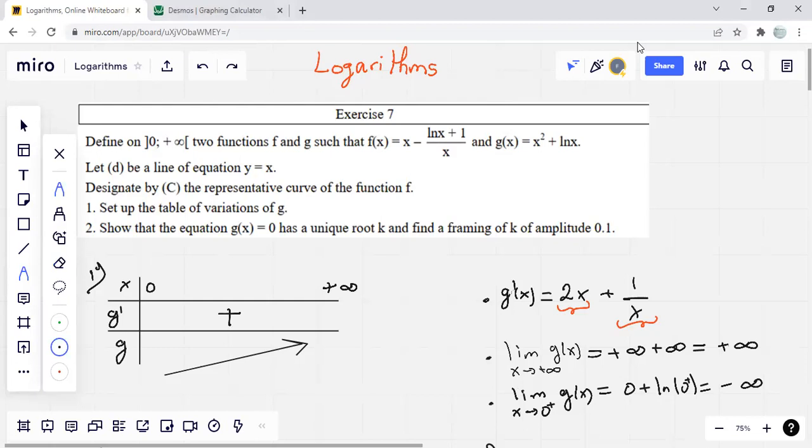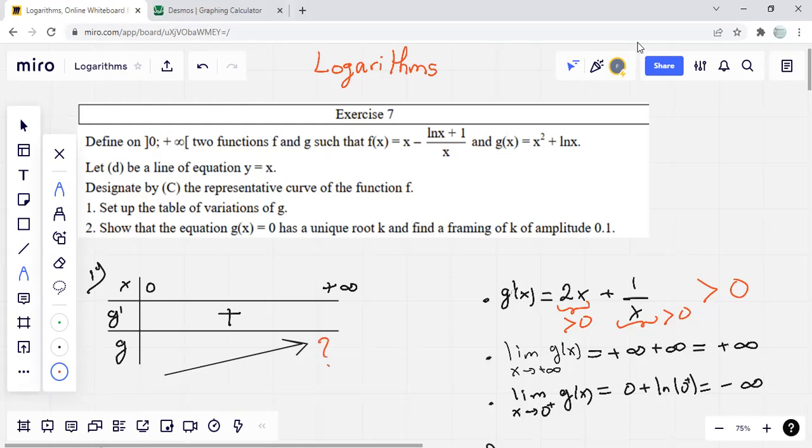And we know that here x belongs to this interval, 0 plus infinity. So 2x has to be positive, and the same here, x is also positive. So g prime as a whole is positive. If g prime is positive, then g is increasing.